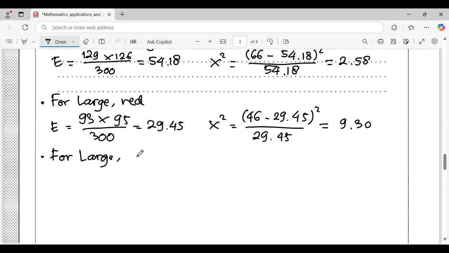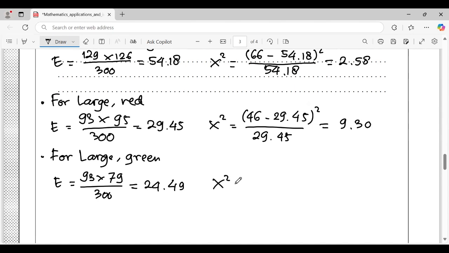Next. For large green, the expectation for large green is 93 times 79 over 300, 24.49.